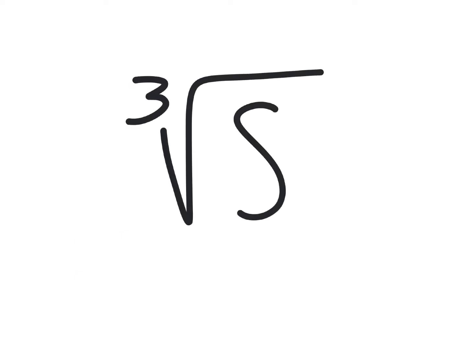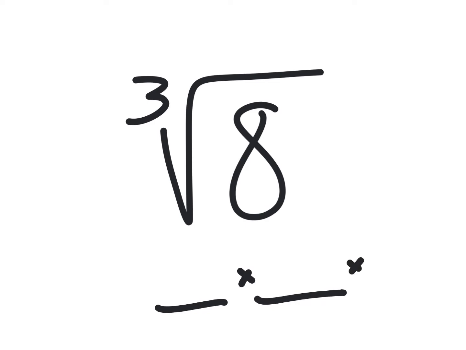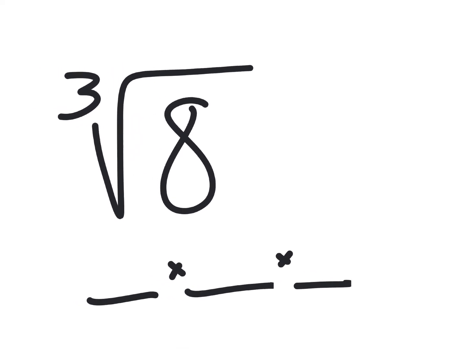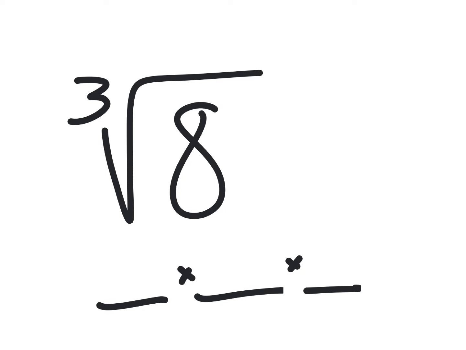Now, let's go to third roots. What in the world is a third root of 8? Instead of something times something, it's something times something times something. It's 3 things. Can anybody do this one in your head? 2. Because 2 times 2 times 2 makes 8.